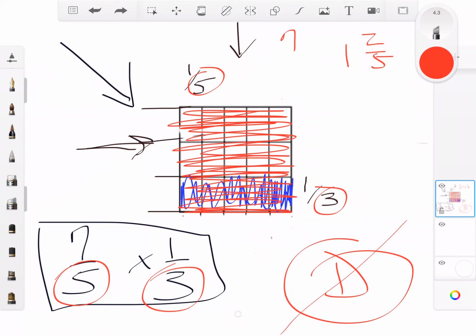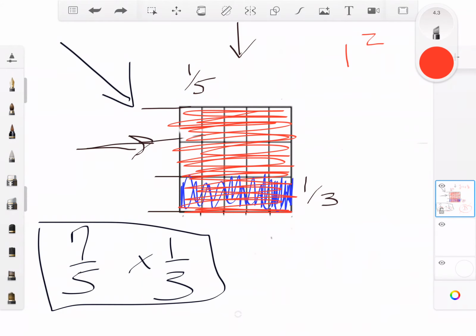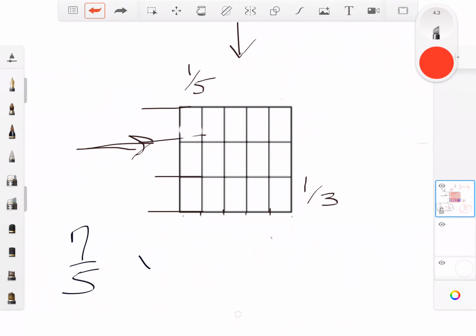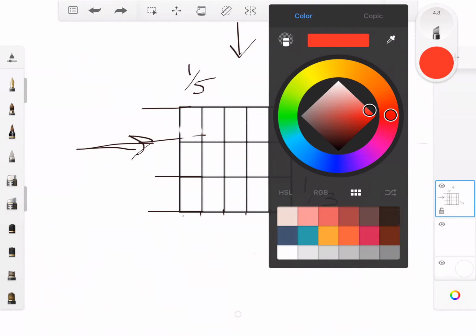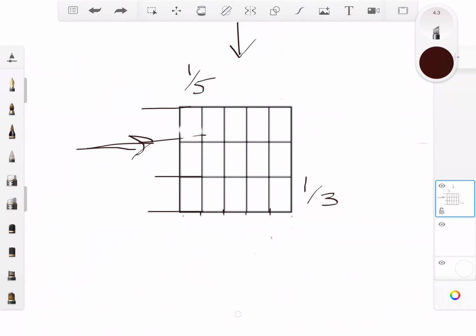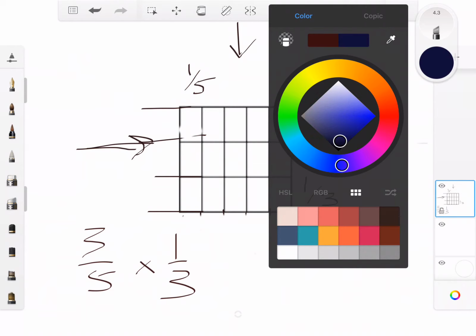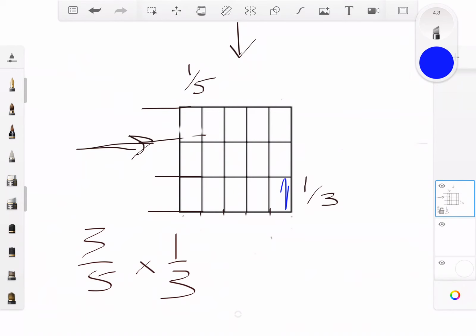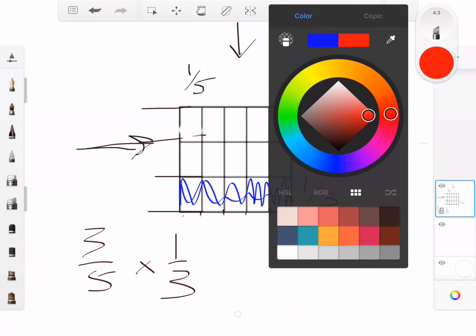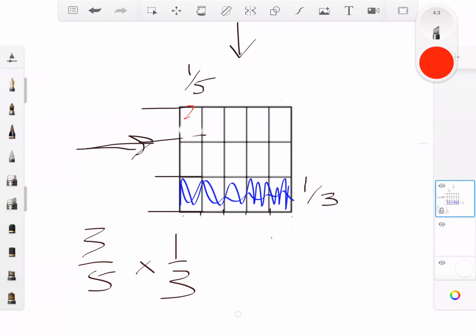The final possible answer, back out of this enough that we can start over, would be E. E says 3/5 times 1/3, and we're going to try and model that with what we've got in front of us. There's 1/3, and here's 3/5.